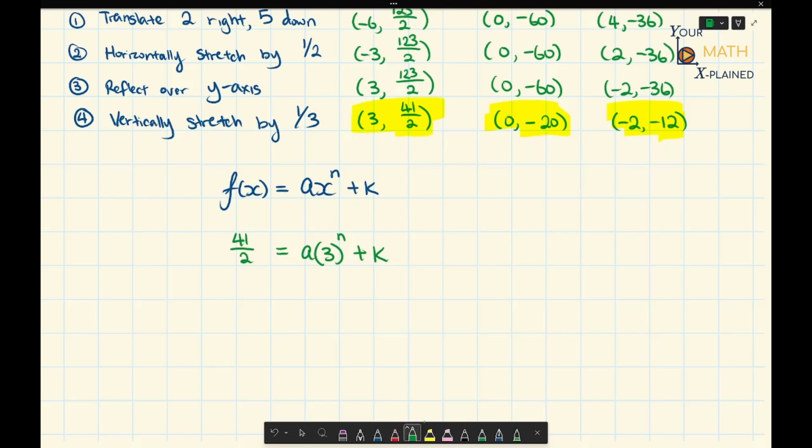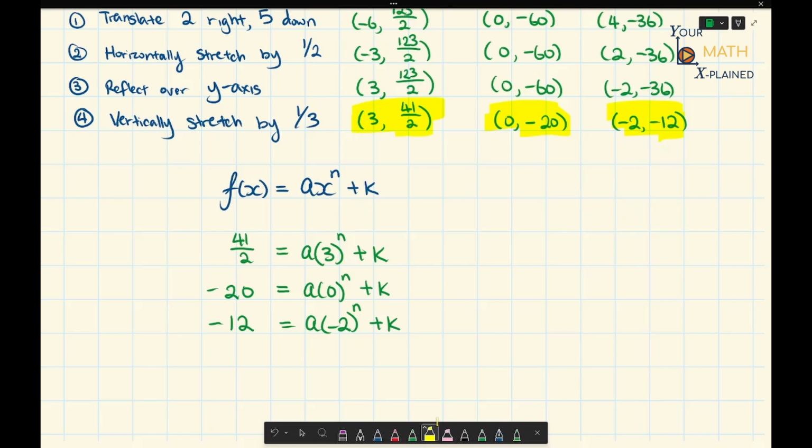Substituting in the values for the second point into the function, we're going to get -20 is equal to a times 0 to the power of n plus k. And then doing the same thing for the third point, we're going to get -12 is equal to a times (-2) to the power of n plus k.